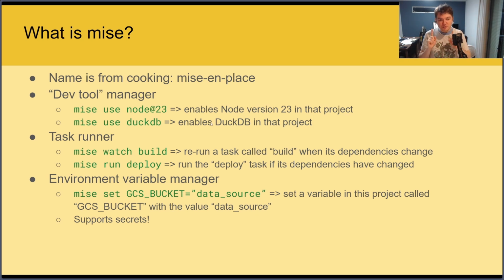And then what I thought was pretty cool is that it also has environment variable management. At the most basic level, that's just mise set GCS_BUCKET equals whatever. Then that will put that variable into your mise configuration file for the project, and all of the tasks and anything else in the mise context will have access to that environment variable.